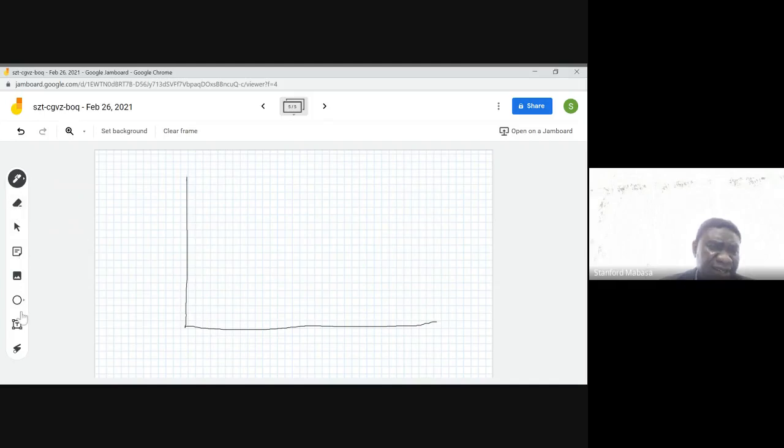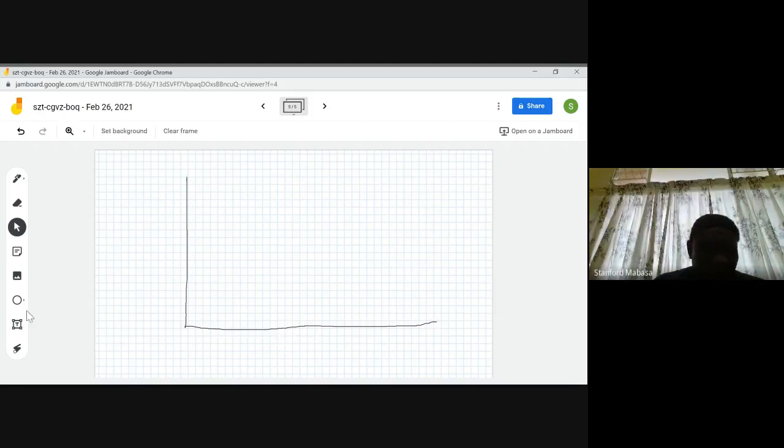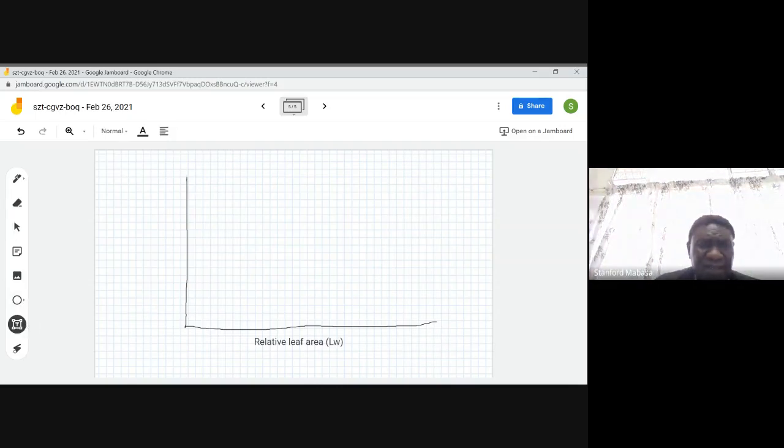So on the x-axis, let us put relative leaf area, and we represent it by L W. Here we've got yield loss.